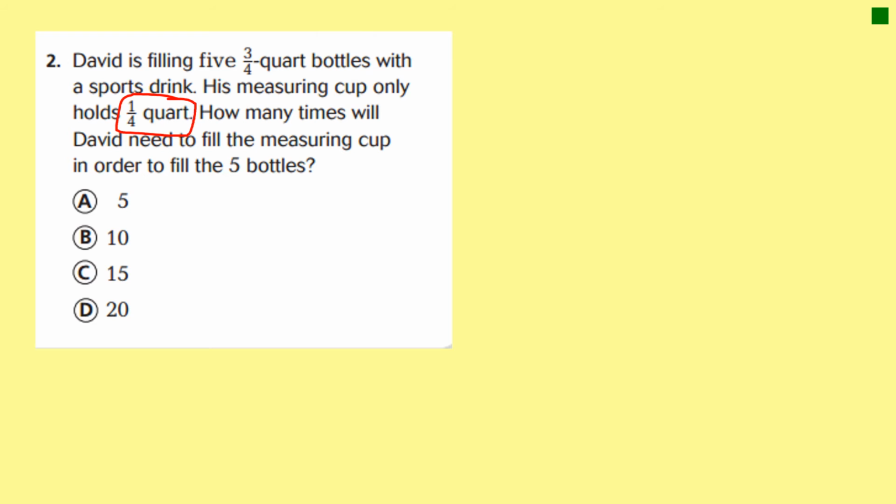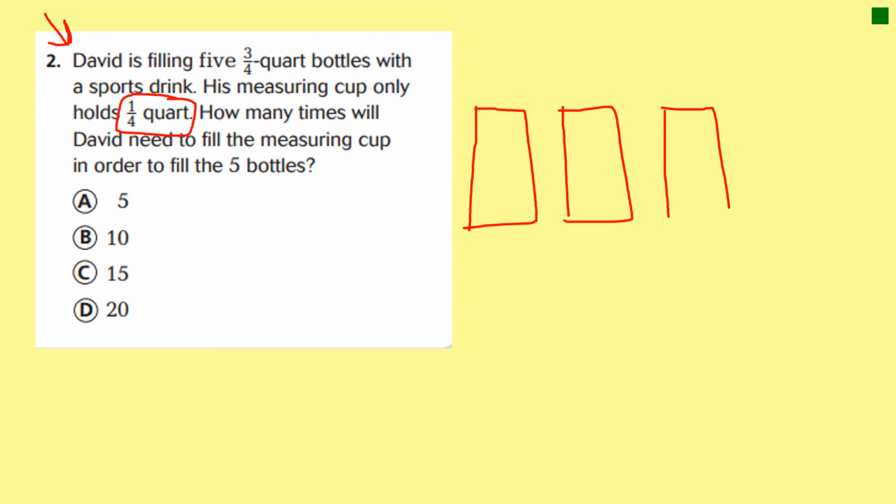Oh, this is so similar to the one we just did. I'm going to go back, start reading again, and I'm going to draw it out though, okay? David is filling 5 3/4 quart bottles. Okay, so I said that wrong before.